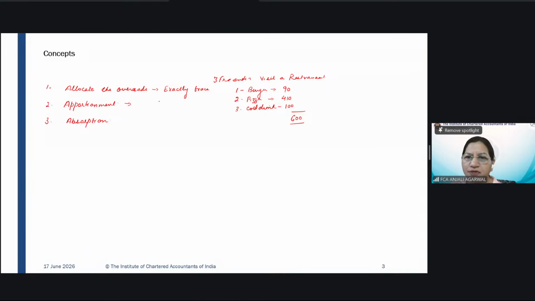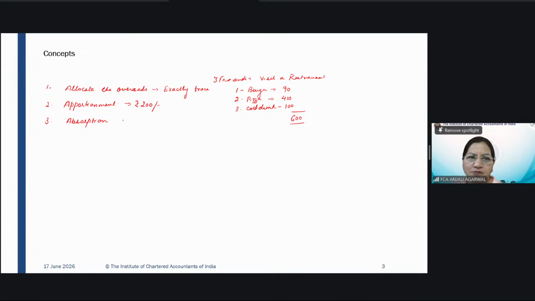If it had been apportionment, and if you had shared the pizza bites, the cold drink and the bites of the burger, in that case, maybe you would share the bill amongst each of you as 200 per friend. So this is apportionment. What we have done here is divided 600 amongst the three friends on a reasonable basis. As they have consumed all three things together, let's apportion it 200 per friend.